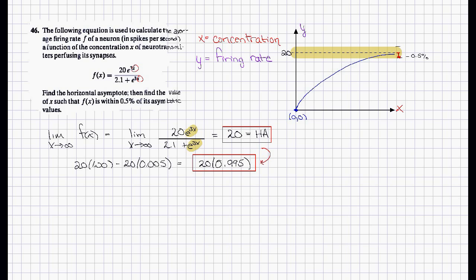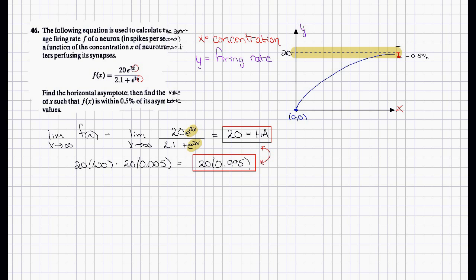I want to find the x values that fall within this range. I'm interested in the x values that fall in the range between these 2 points, between 20 and 99.5% of 20. I'm interested in this area here. This is the only area that I'm interested in.